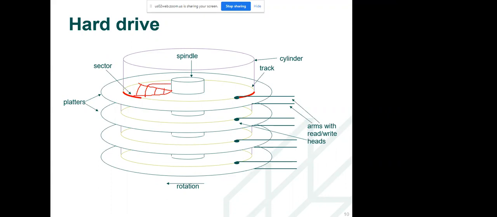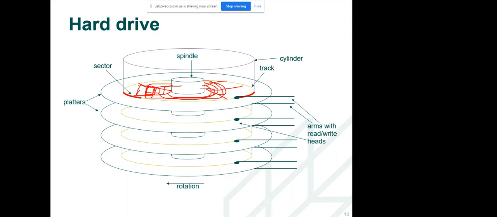So these are the tracks, the circles, and these lines. This particular one is a track, and this one is a sector. These circles are tracks, and these lines divide them into sectors.